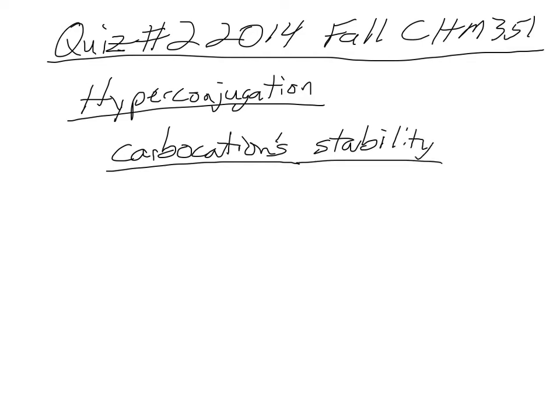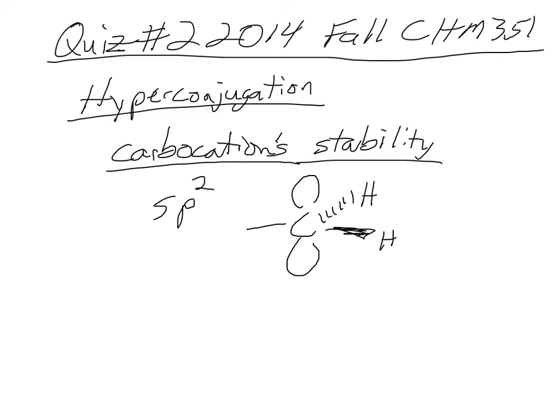As you can imagine, all carbocations are not created equally, right? So we know that carbocations are what hybridization state? We learned this for the first test. We learned they're sp2, right? Because opposites attract. If we draw something that's sp2 here, this orbital right here is empty, right?